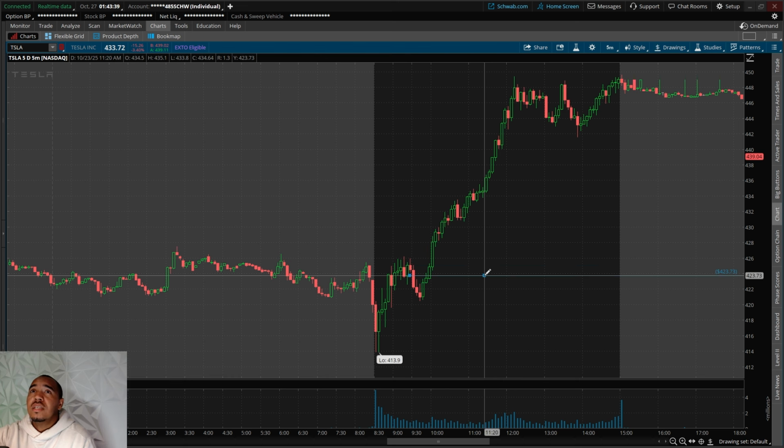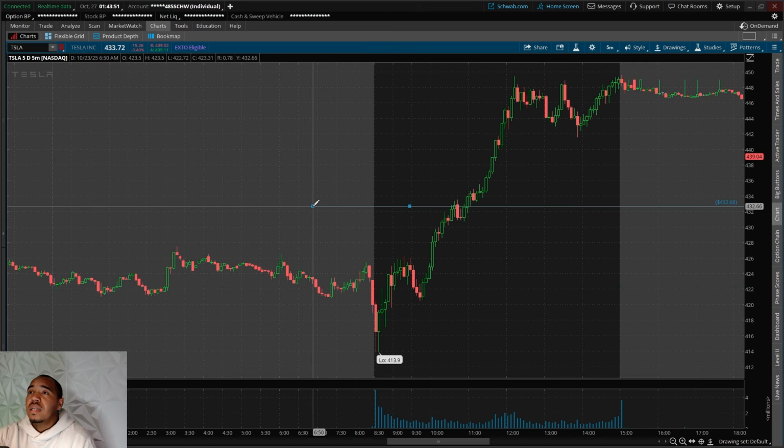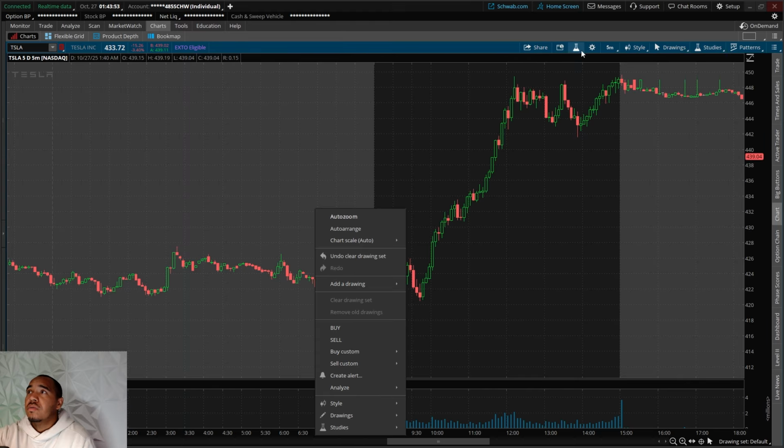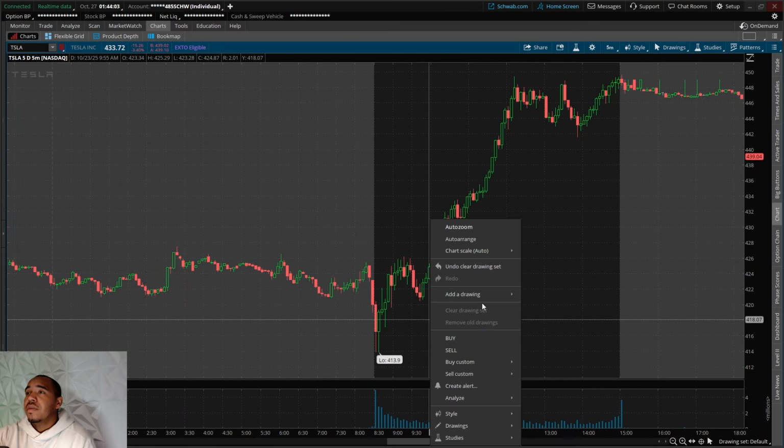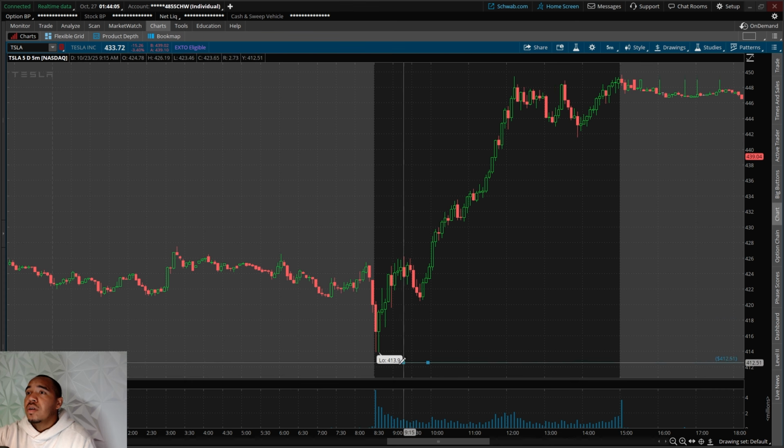So this here is Tesla on October 23rd, 2025. The low on the 5-minute here is, you know what? And let me switch out these settings as well. That way we get an accurate. So we go to Snap Drawings 2, OHLC, apply, okay. All right, so here we go.